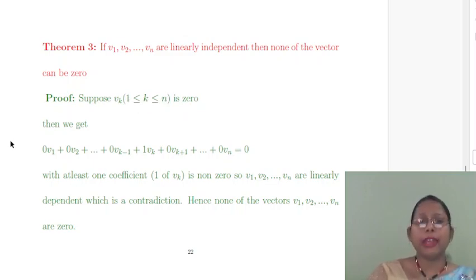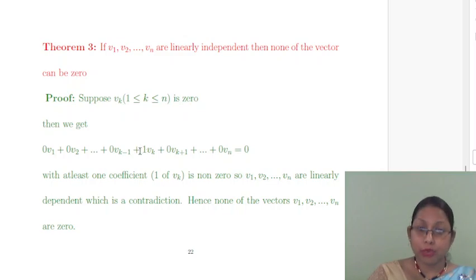Then I can write this in the form 0 into v1 plus 0 v2 plus dot dot dot plus 0 vk minus 1 plus 1 bk, as bk is 0. This will not affect the equation. Then write the remaining vectors with 0 coefficient.